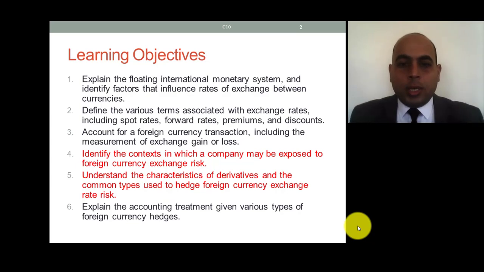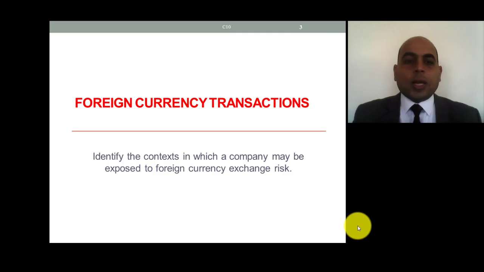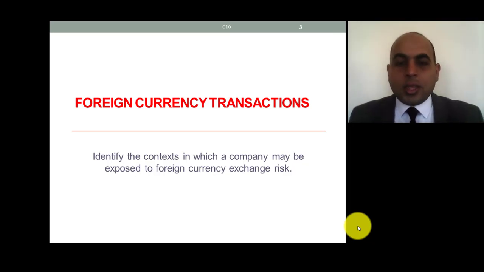Now the question is, we have entered into a foreign currency transaction. As we discussed before, foreign currency transactions means that we entered into transactions that are denominated and will be settled in a currency other than the reporting currency.